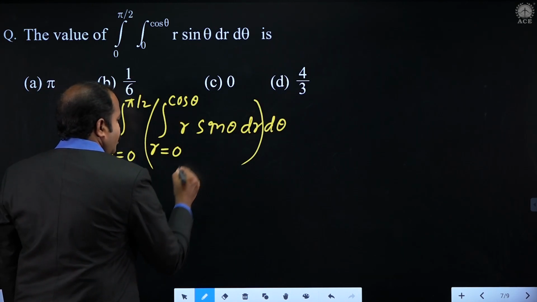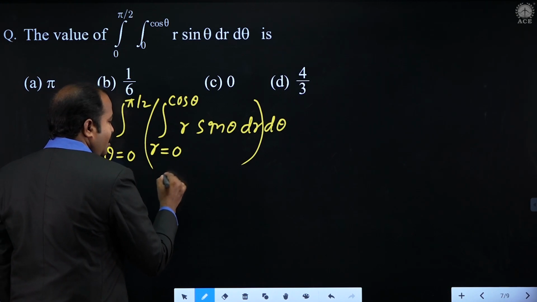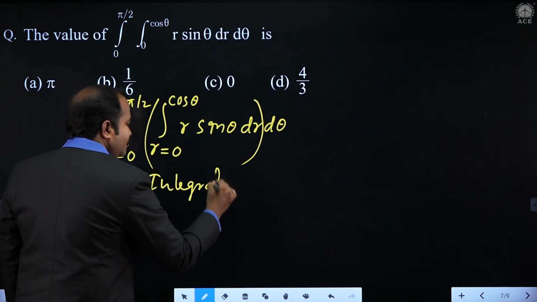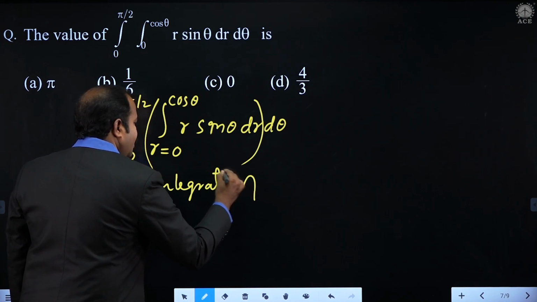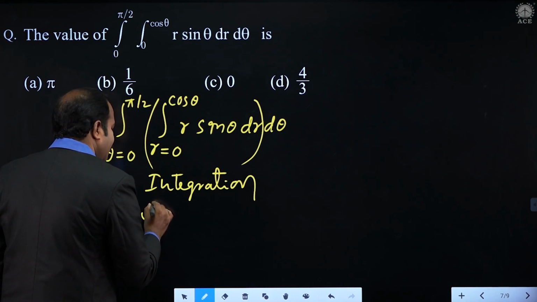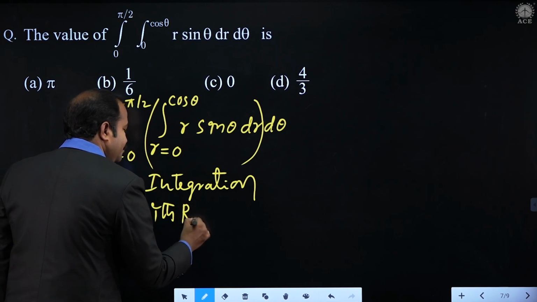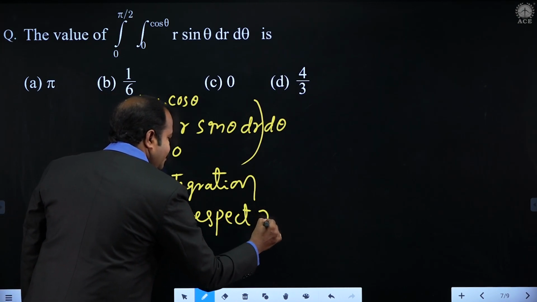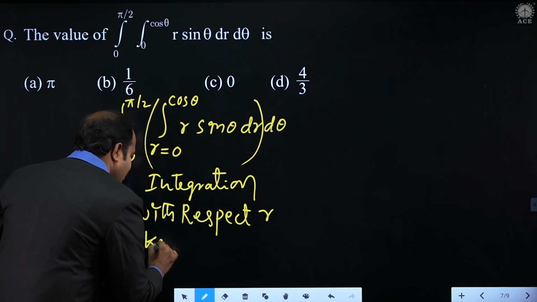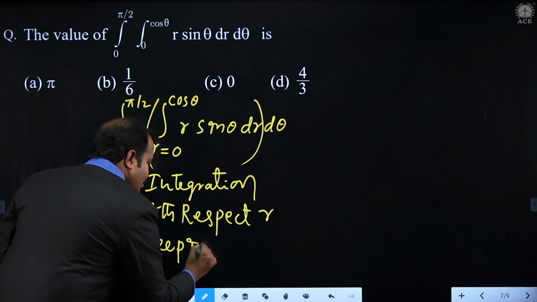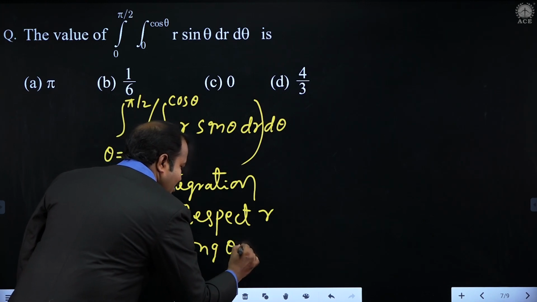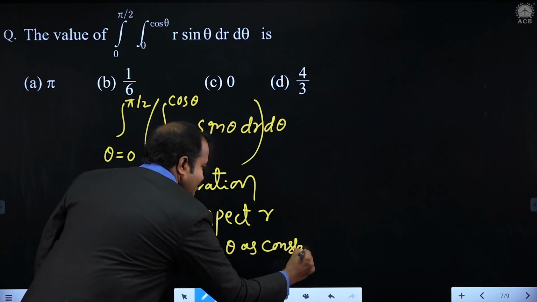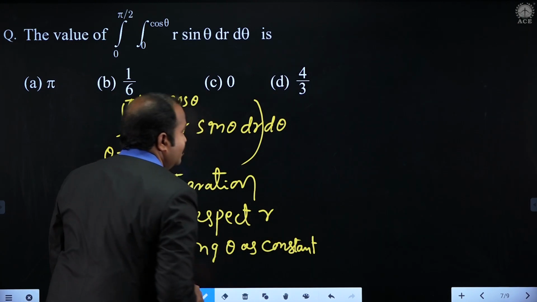First we should integrate with respect to r, like this. So, here integration with respect to r, keeping theta as constant, right.